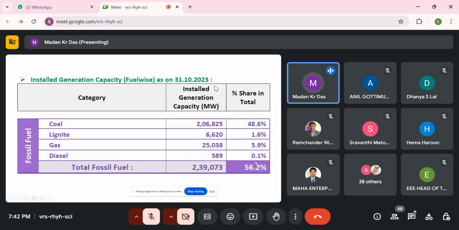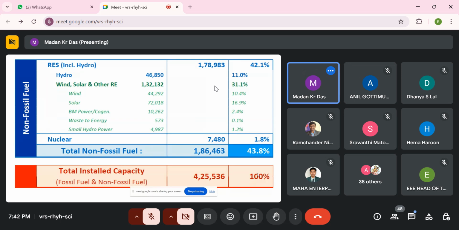And diesel, and the total fossil fuel share is 56.2%. Then the others: hydro, wind, solar, biomass power, waste energy, and small hydropower. The total non-fossil fuel capacity is 43.8%, and the total installed capacity is 4,25,536, which is 100%. This is the fossil fuel and non-fossil fuel capacity.